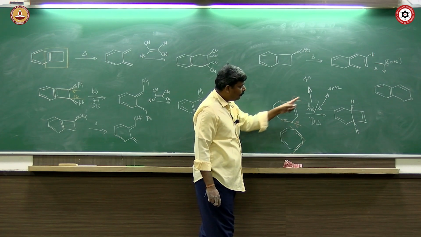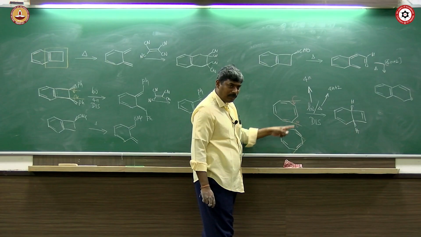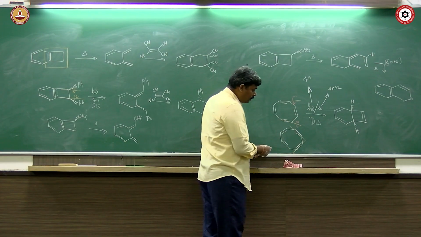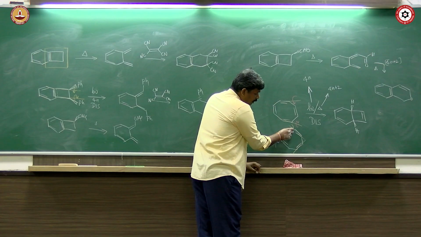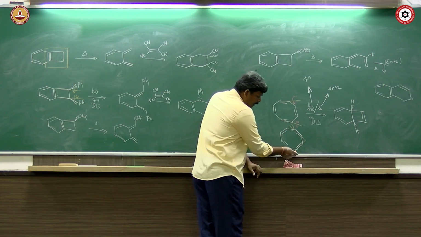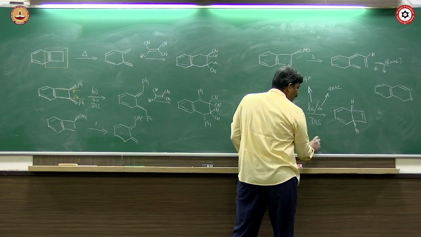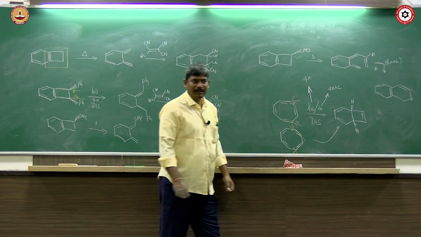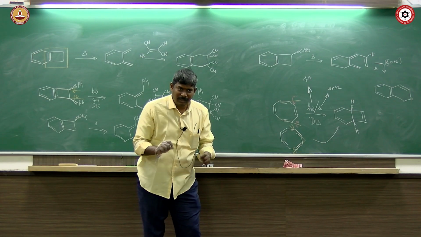This is a 6 system, 4N plus 2 system, thermal; we have seen that. Now, for a 4N system photochemical, let's look at this example. These are the carbons which are going to connect. So the disrotation is coming from this side: this is anti-clockwise and here it's clockwise. That would give us again the same product. So that is the beauty within cyclooctatetraene.